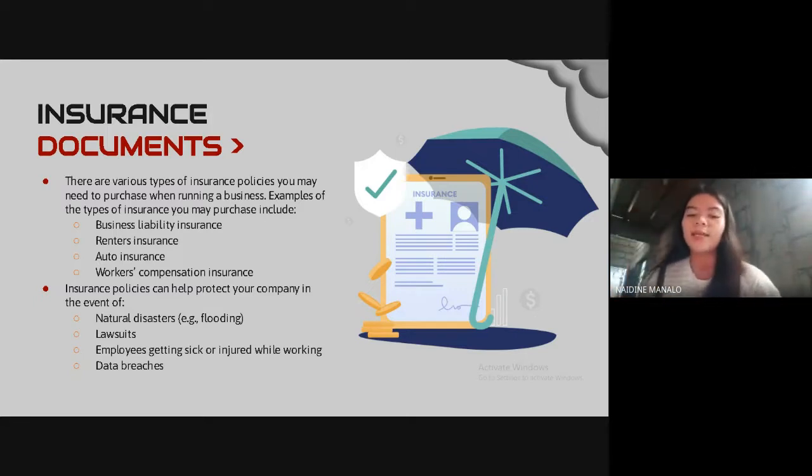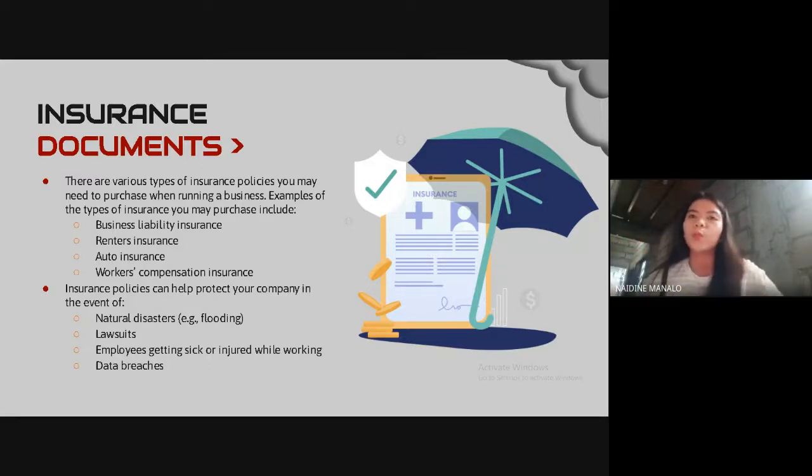Insurance policies can help you to protect your company in the event of natural disasters, just like pagbabaha, yung earthquake, ganun, and lawsuits, employees getting sick or injured while working, and also data breaches.